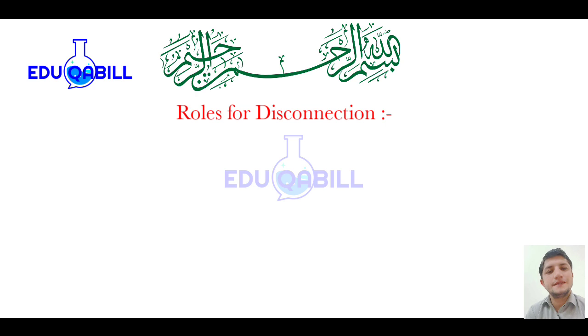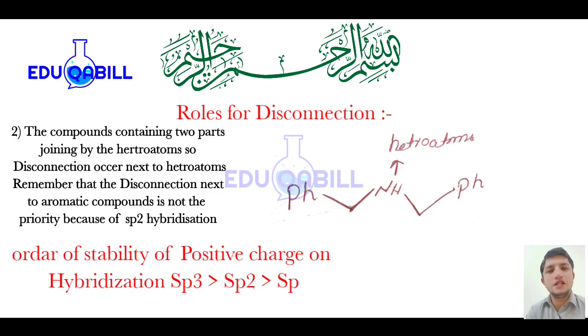The next rule is that when the compound contains two parts joined by a heteroatom, the disconnection occurs next to the heteroatom. But remember that disconnection next to an aromatic compound like benzene is not the priority. Why? When the disconnection occurs next to the benzene ring, the positive charge occurs on the benzene. We know that benzene is sp2 hybridized, and a positive charge on an sp2 hybridized orbital is unstable.